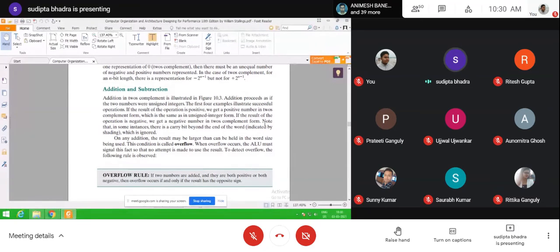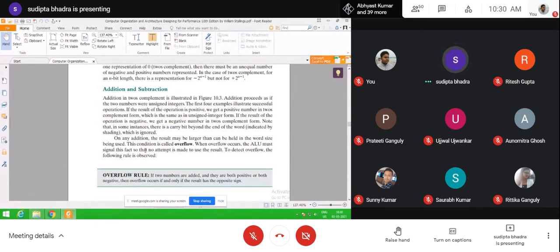That's why we use 2's complement represented numbers for all arithmetic operations. So for negation we saw how to negate a number. Now addition and subtraction: 2's complement addition and 2's complement subtraction.